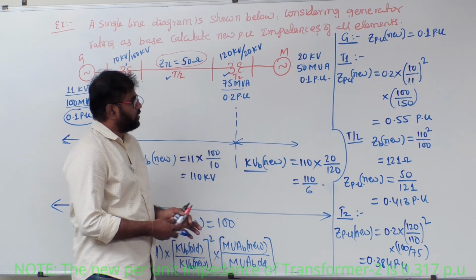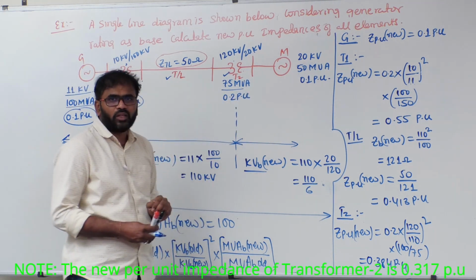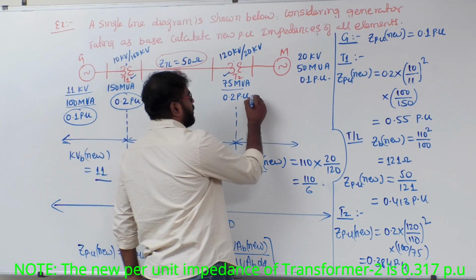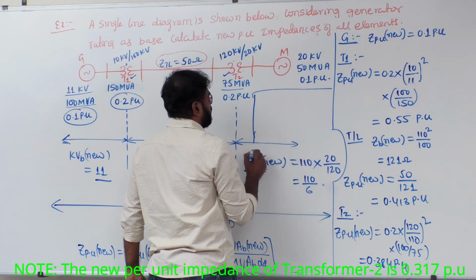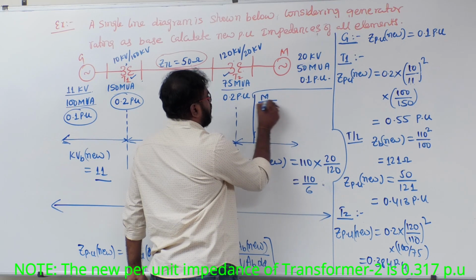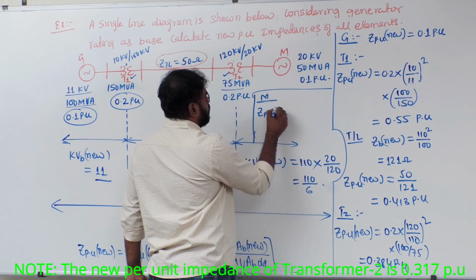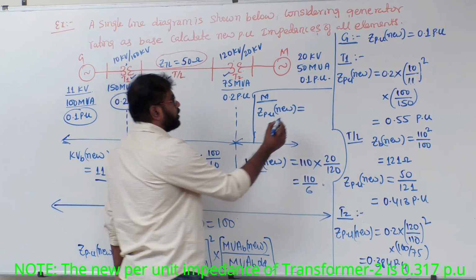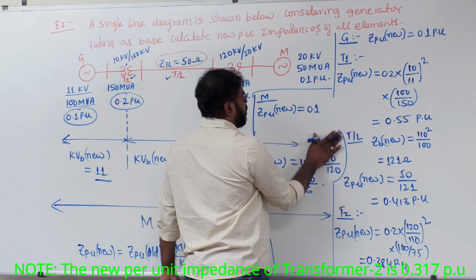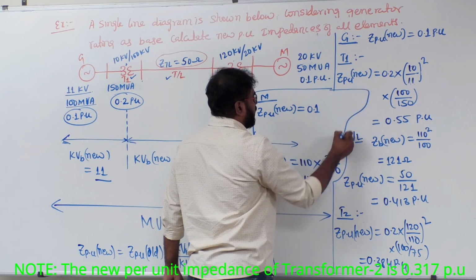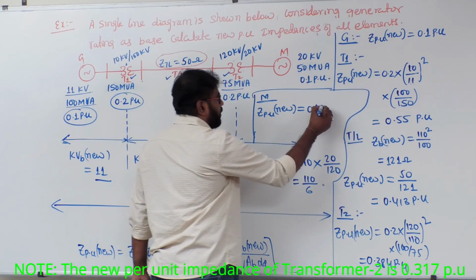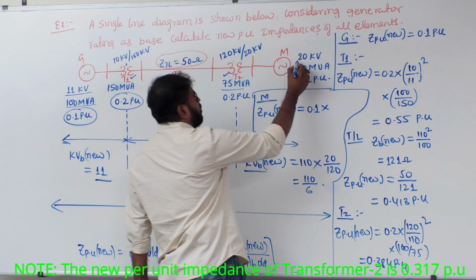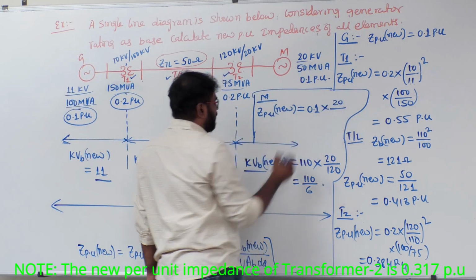Finally we are left with the motor only. After transformer 2 we will calculate for the motor. For the motor, what is the Z per unit new? Z per unit new of the motor equals Z per unit old, 0.1, multiplied with KVB old. KVB old is the motor rating, 20. But what is the KVB new?